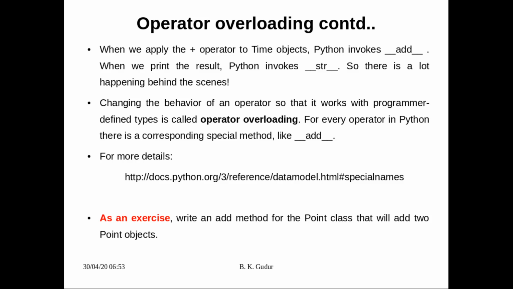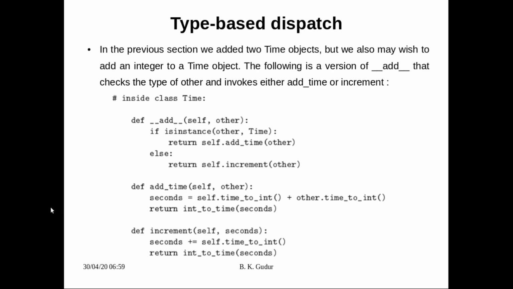So the plus operator does many different functions. That's what we call operator overloading. Go through this link, and if any doubts are there, you can ask me. As an exercise, write an add method for the point class that will add two point objects, right?